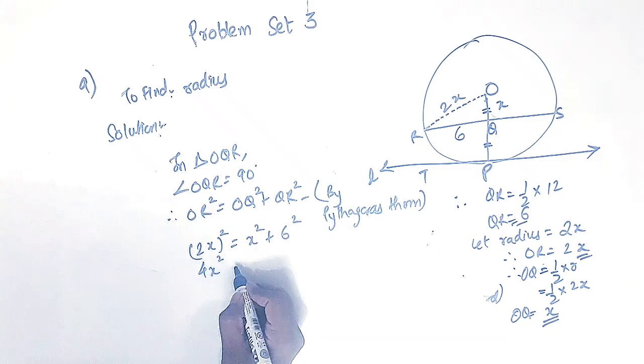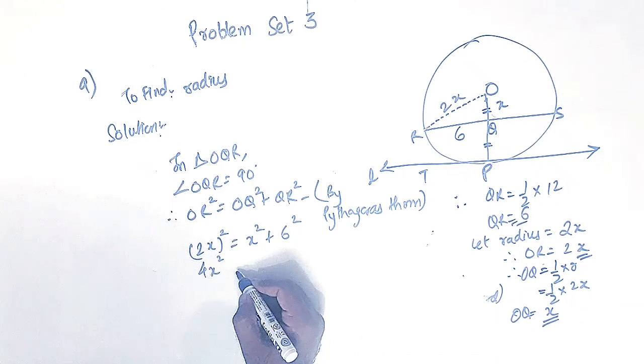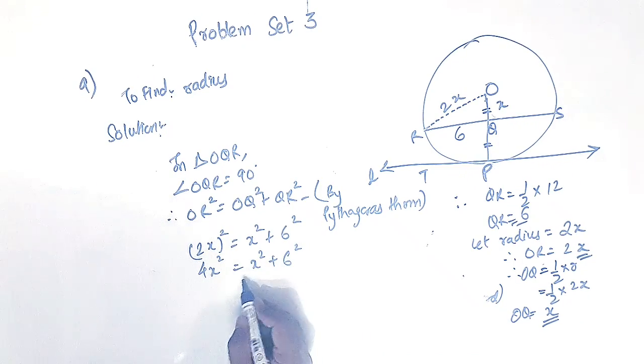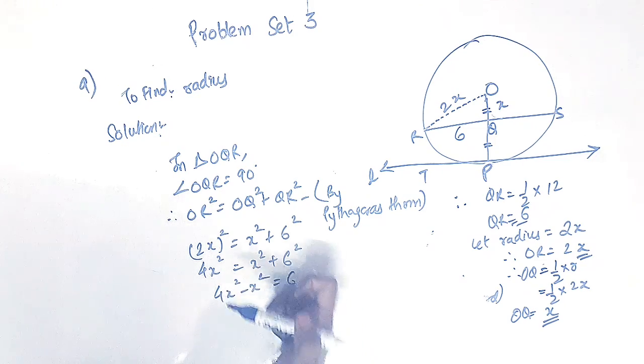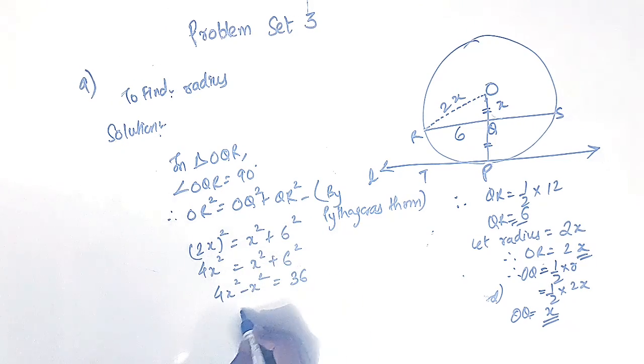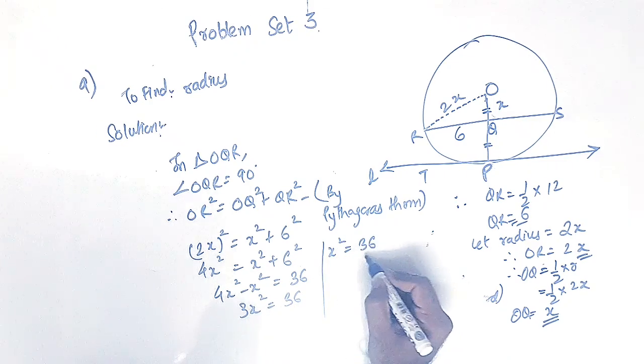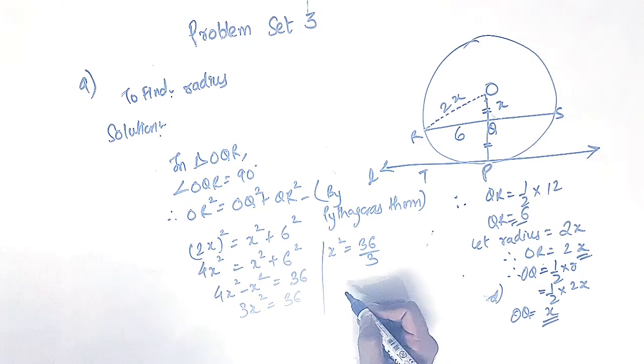Okay, so this is 4x square equals x square plus 6 square. x square will go here, it will become minus. 6 square I am writing 36. So 3x square is equal to 36. x square is equal to 36 by 3.